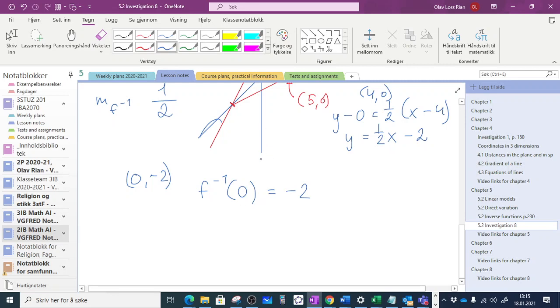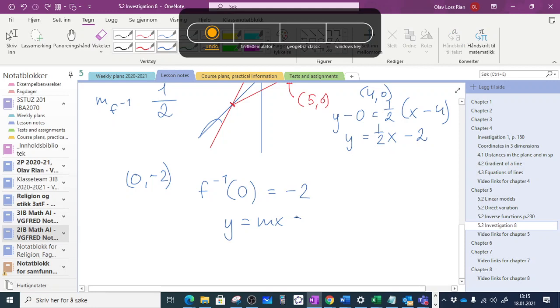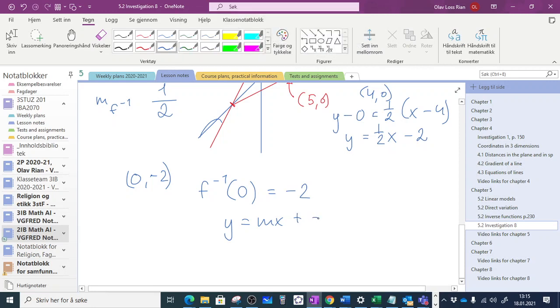Which means that if we have a function on the form mx plus c, we know that the c part is going to be -2.